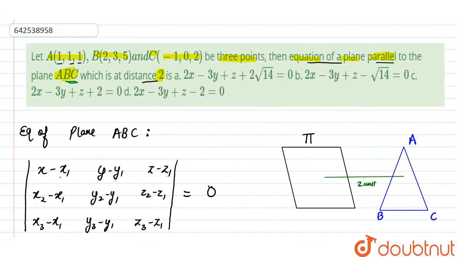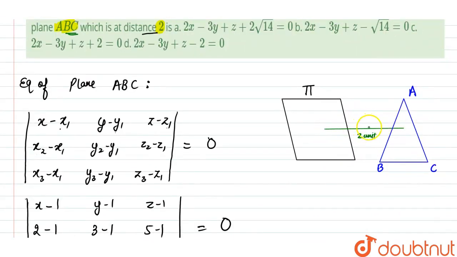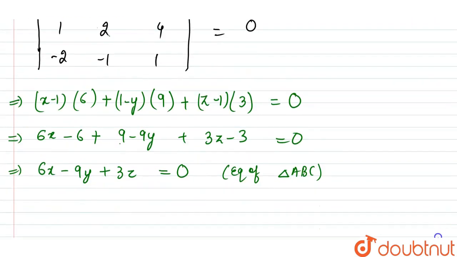Now it is given that the plane pi is parallel to the plane ABC. If two planes are parallel, that means the normal to the plane ABC will also be a normal to the plane pi. That means if a line is perpendicular to the plane ABC, then that line will also be perpendicular to the plane pi because they are parallel to each other.